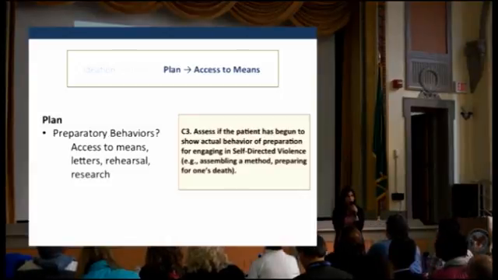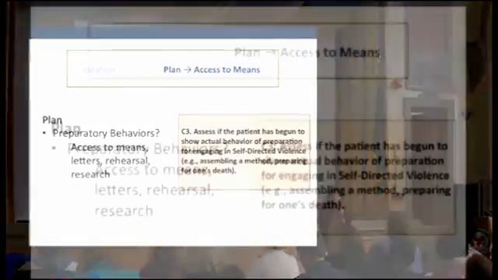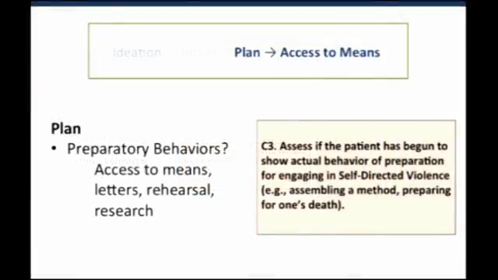Anything else that people can think of that would be important to ask here for plan? So the question was, what if you get a bunch of different vague answers from people, like, "Well, I don't know, I could stab myself, I have knives. There's a bridge that I could go to," but no specific plan, just thoughts of different potential ways. That in some ways can indicate just where they are.